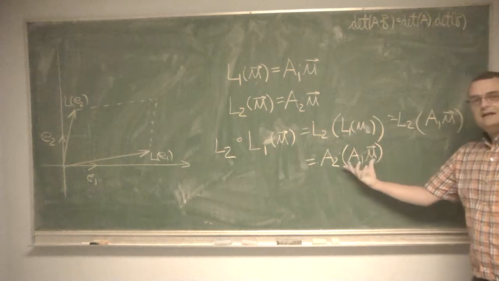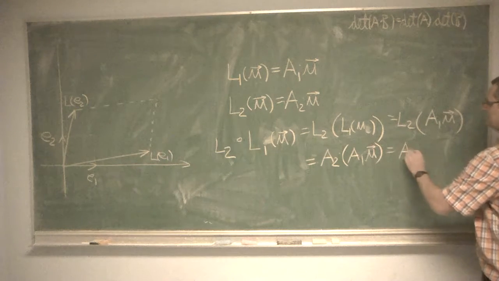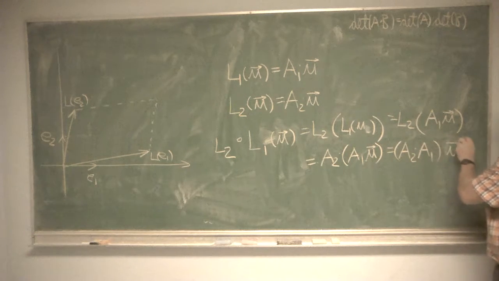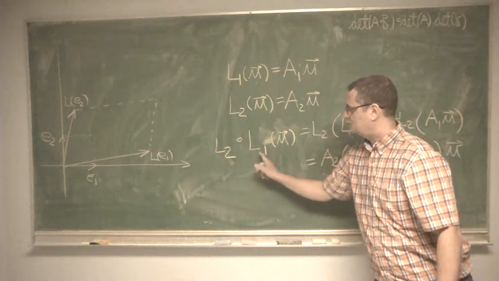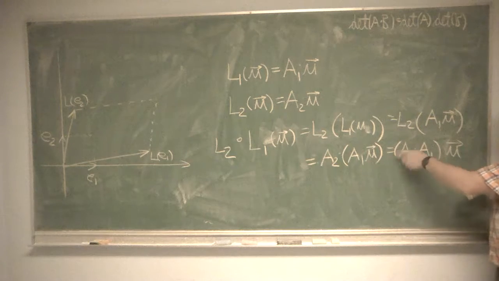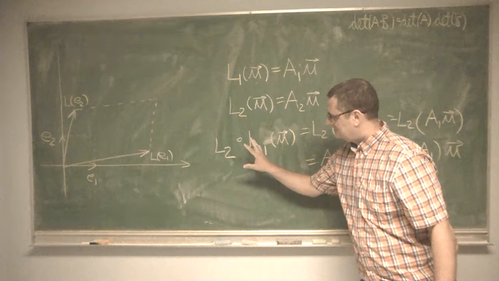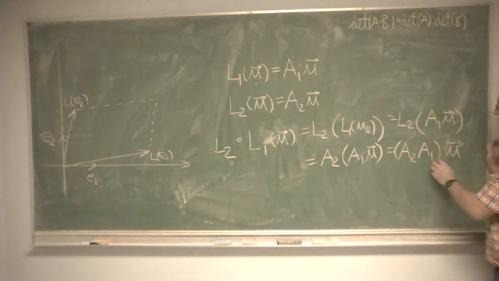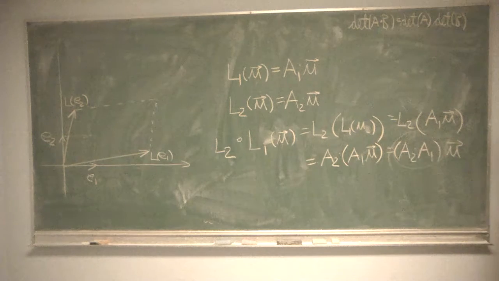Now, by the associative law of matrices, I can first multiply A2 with A1, and whatever the result is, multiply it by U. And now you see that the transformation L1 composed with L2 can be thought of as a linear transformation represented by this matrix A2 times A1.